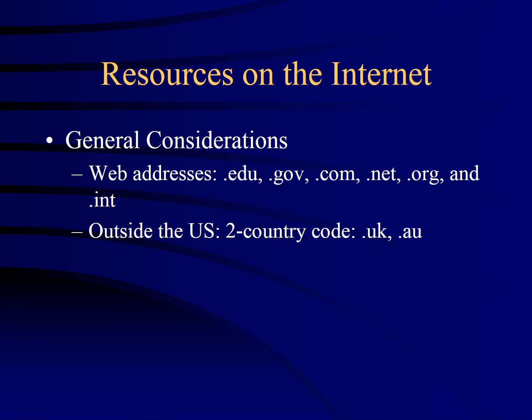Just some general information about resources on the internet. We know that you have a URL, which is basically the address of the web page. And the web addresses in the United States can end in .edu, meaning education, .gov, meaning government agency, .com, standing for commercial organization, .net, which are network sites, .org, which are other private organizations, and .int, which means international website.